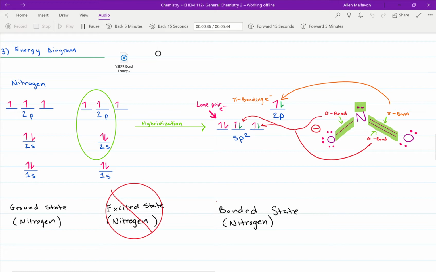We can see that we will have a lone pair plus 2 electrons that are available for the sigma bonds to form with each oxygen atom, and an additional electron in the 2p orbital that will form a pi bond with the oxygen, which I have drawn on the right-hand side.